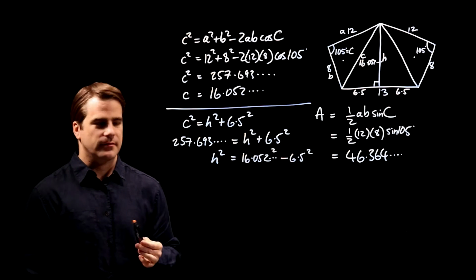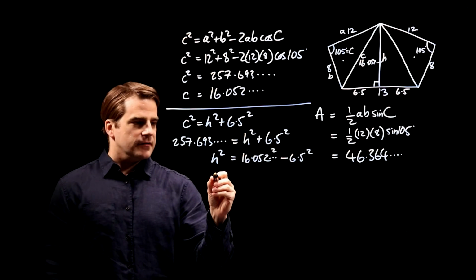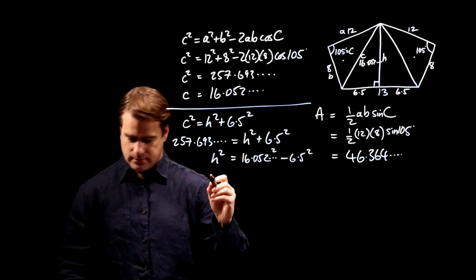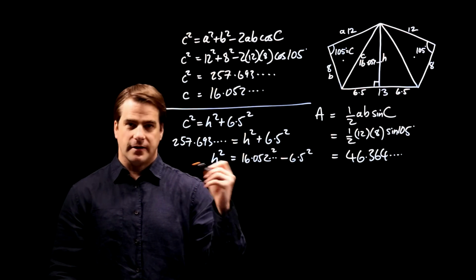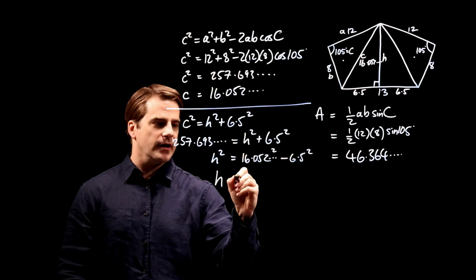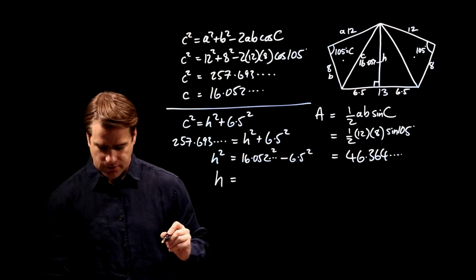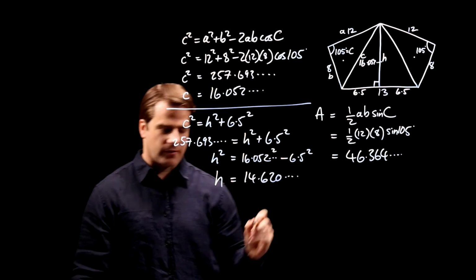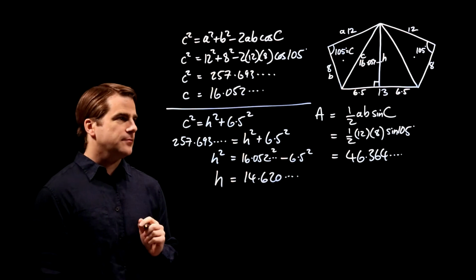Anyway, h squared turns out to be whatever, take the square root of it, and you get h is 14.620 something. Put it in your calculator's memory.